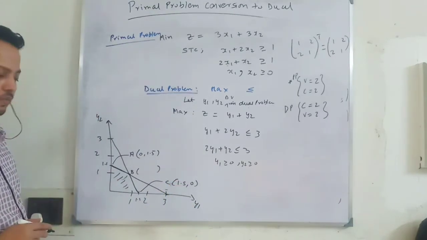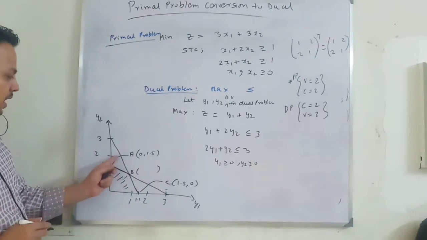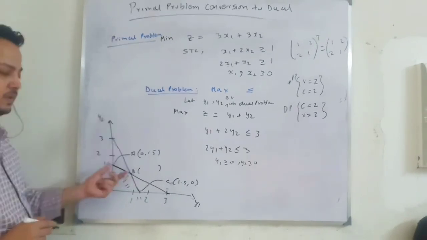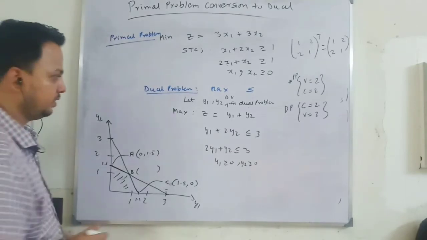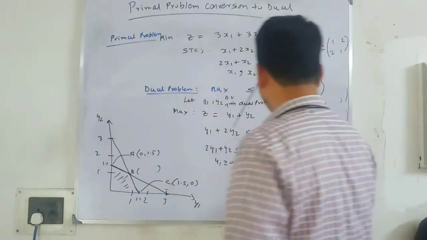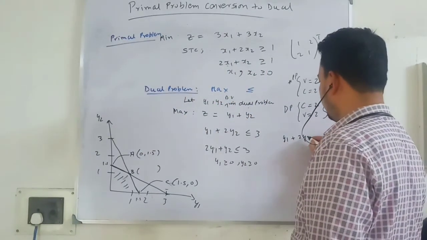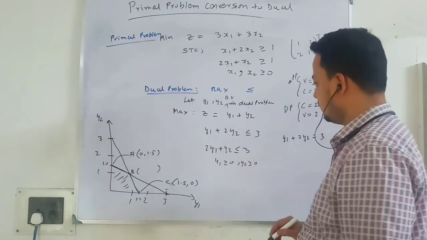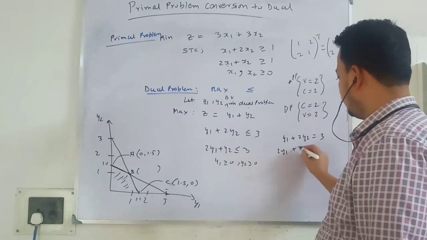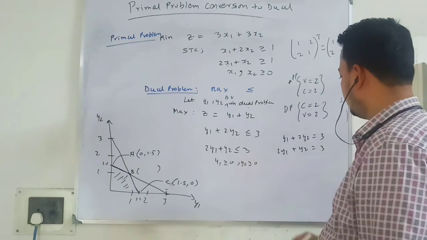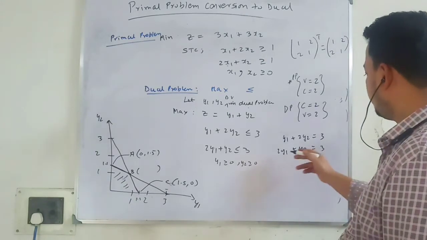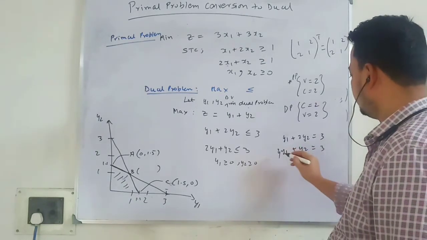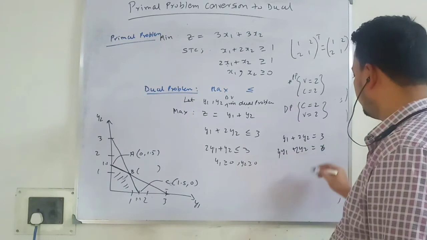Okay. In order to find point B, I need to solve both equations simultaneously. So what equations I have? I have y1 plus 2y2 equal to 3 and 2y1 plus y2 equal to 3. Okay. So let me multiply this by 2. I will get this equation.